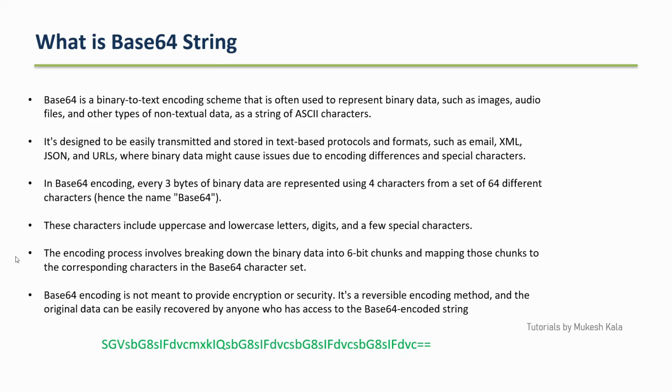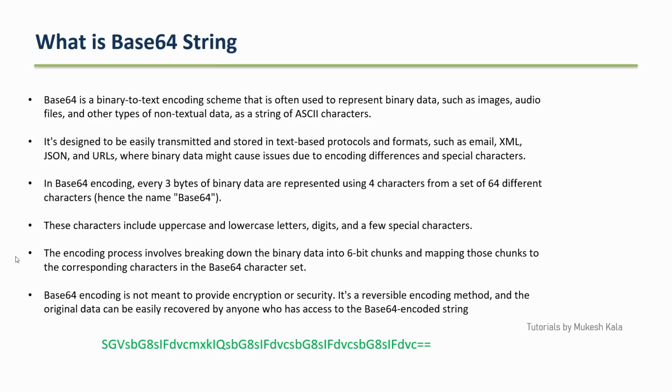So let's say as an example, you are hitting an API, and from the API you are expected to get an image. Now the API cannot give you directly the image. Rather, the API will give you something which is called a Base64 string, and then as a developer you need to convert that Base64 to an image or to an audio or any other format, right?